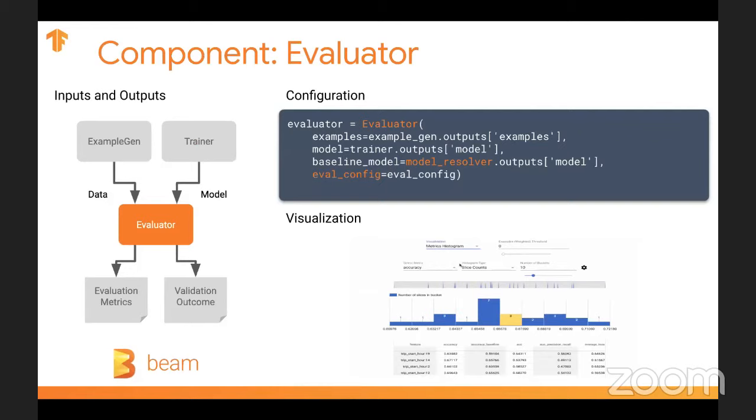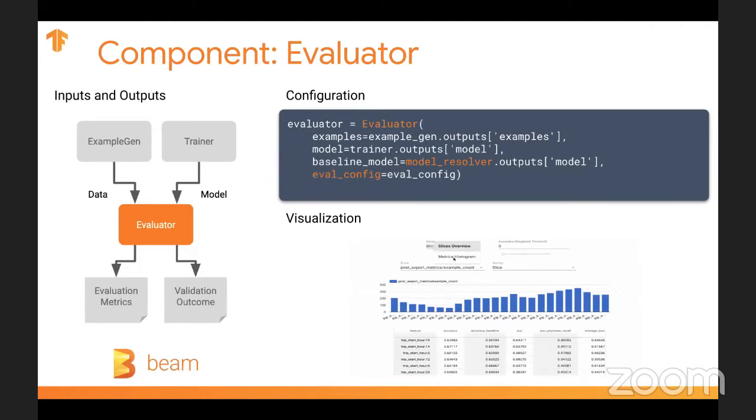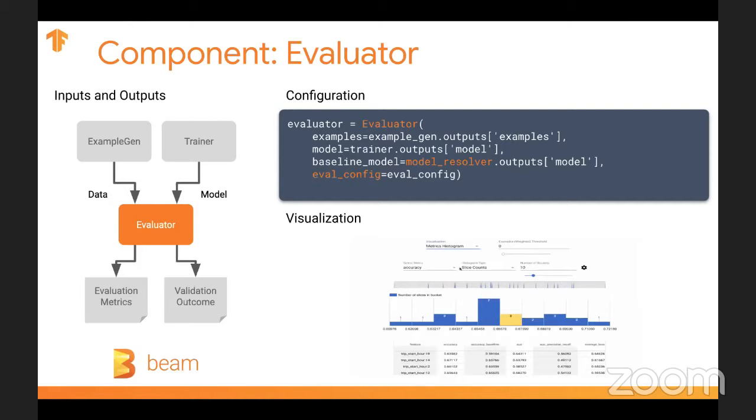The next component is Evaluator. And Evaluator has really two missions in life. First, it evaluates the performance of your model at a deep level. And what I mean by deep is that it's not just looking at a top line metric. So for example, if you're doing a regression, it's not just looking at your RMSE for your whole data set.